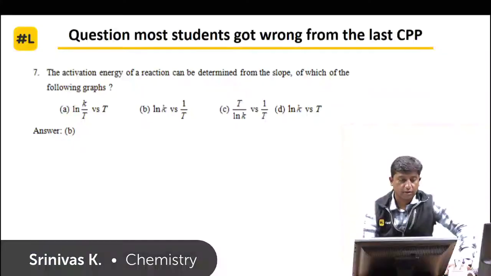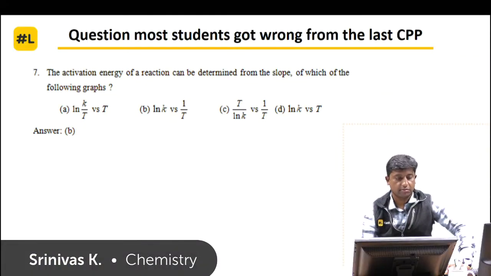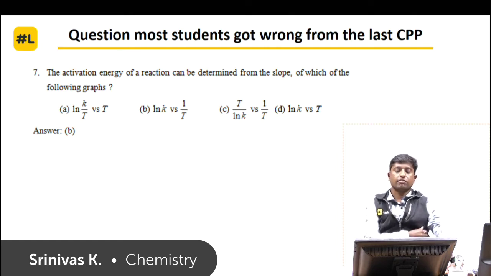The question is: the activation energy of a reaction can be determined from the slope of which of the following graphs? They have given 4 options: log of k by T versus T, log of k versus 1 by T, T divided by log of k versus 1 by T, and option D is log of k versus T.